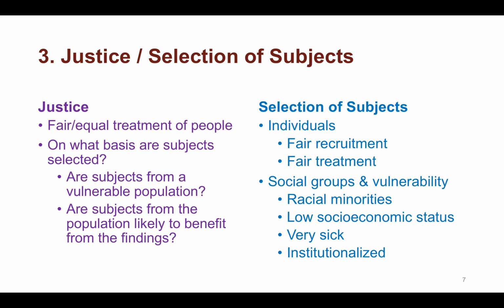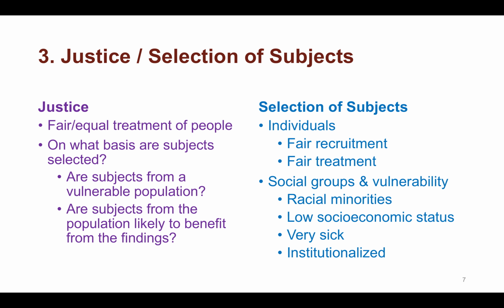So that may involve withholding treatment for a period of time. And again, this has to be weighed against the severity of the condition and things like that, and the possible benefit of learning about the treatment.